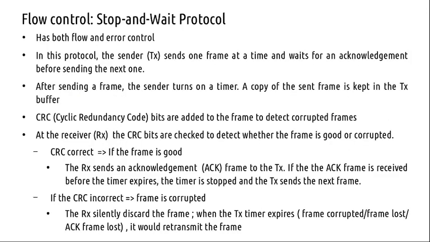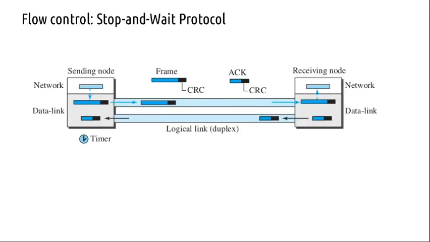Then we went to stop and wait protocol where each frame is sent and an acknowledgement is expected, and we saw that there is something called CRC, cyclic redundancy code, which is to detect errors. We'll see about CRC later in this topic itself, in the error detection part.